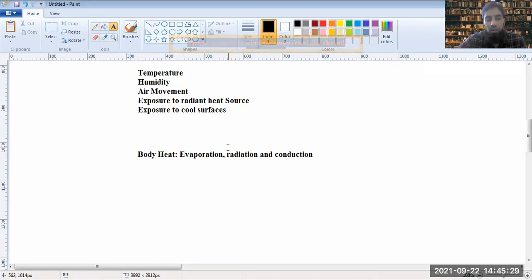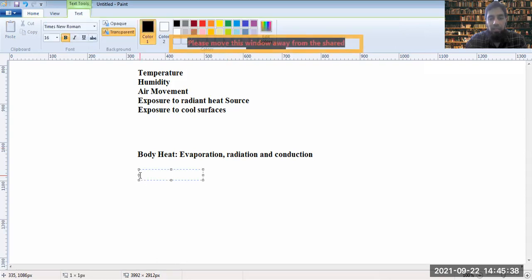Now, for all these effects, at the same time, you can gain body heat rather than losing it. Losing and gaining go hand in hand. Now, if our bodies shiver, what happens?